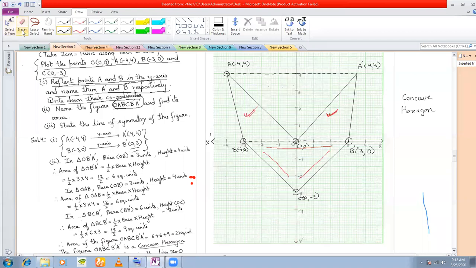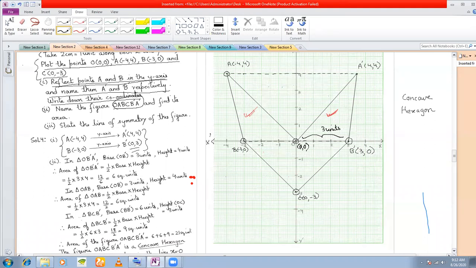See, let me just erase this first. Okay, consider this triangle. What is the base of this triangle? The base of this triangle is 3 units. Am I correct? What is the height of this triangle?